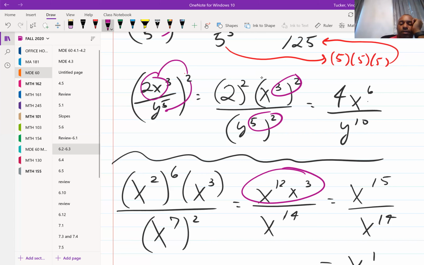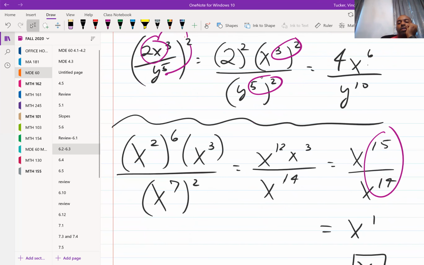Now right here, because we have like bases, we can go ahead and add our exponents because we multiply like bases. So 12 plus 3 gives you 15. And then subtract your exponents because of division.